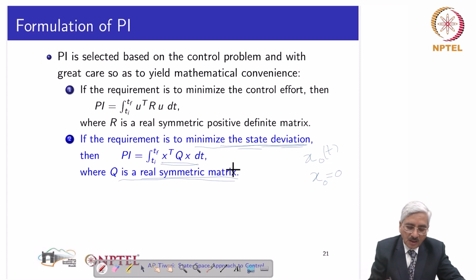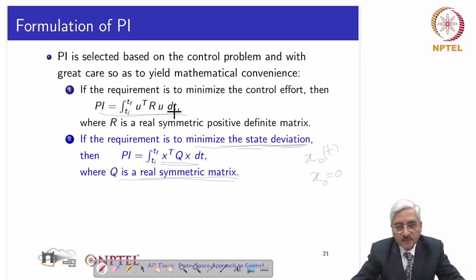Why? Because if only the input is to be minimized, then the minimum value of input, of course, will be 0, and so the state cannot be regulated or controlled. So we have the specification on the state variable given by this performance integral.